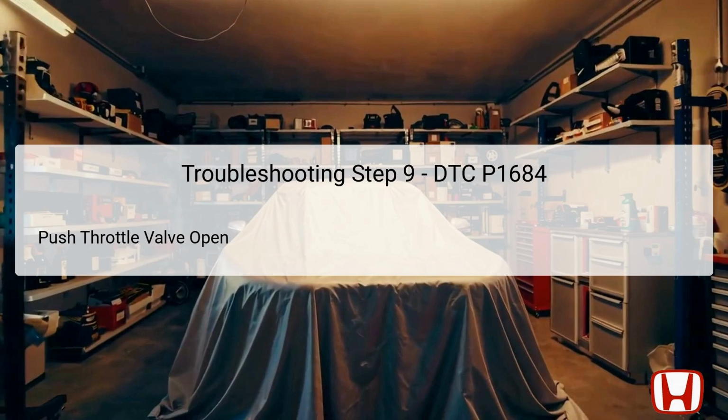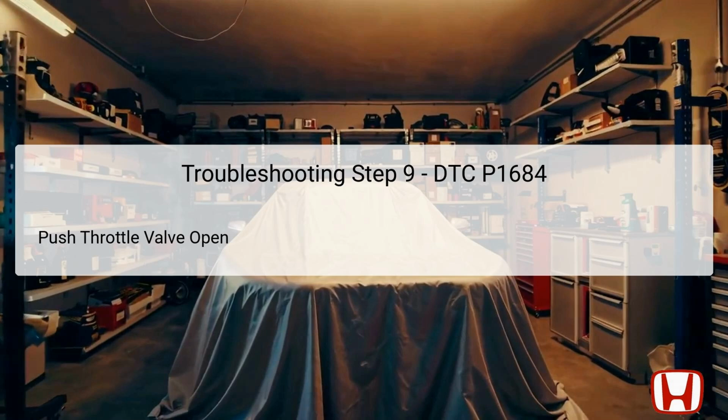This action allows for a hands-on assessment of how the throttle valve operates mechanically. Observing how the throttle opens manually can reveal whether there are any physical obstructions or binding issues occurring within the throttle body. A smooth motion is essential for proper functioning.